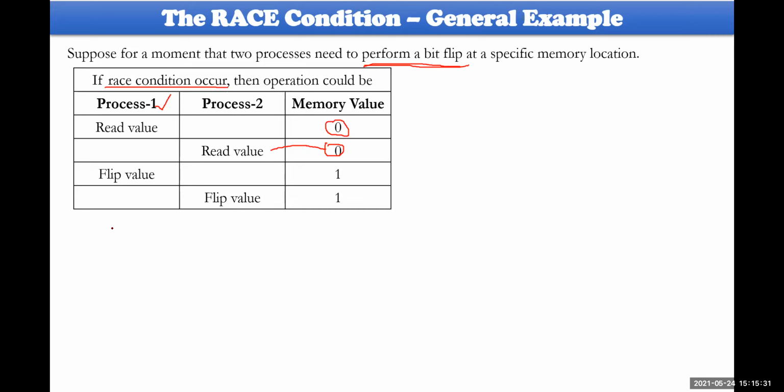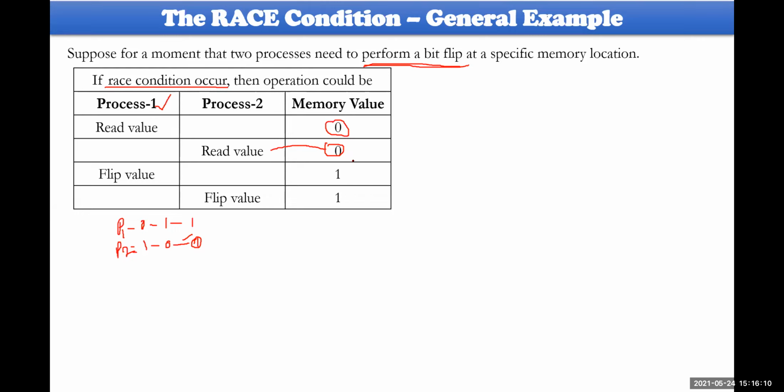If process 1 takes 0, it is flipped to 1 and written onto the memory as 1. Then process 2 takes this value 1, flips it, and writes 0. So 0 is taken by process 1 and flipped to 1, and 1 is taken by process 2 and flipped to 0. So finally the answer must be 0.